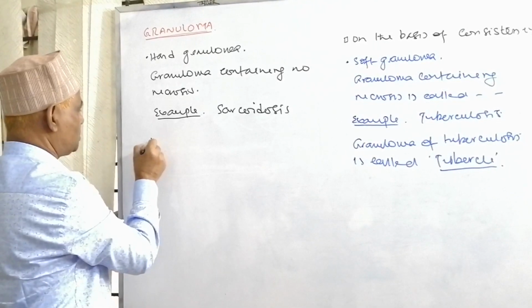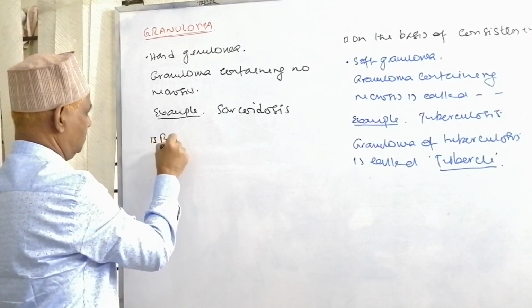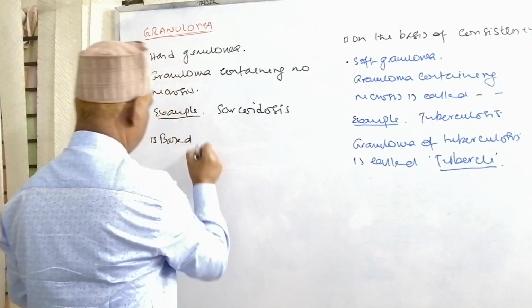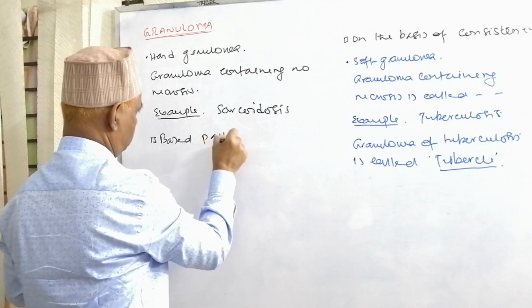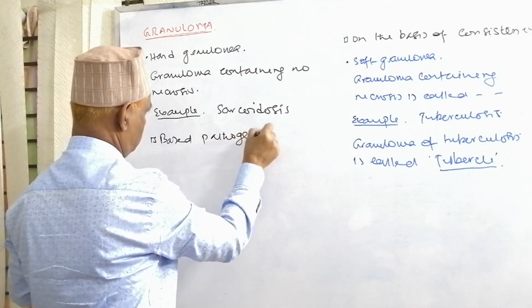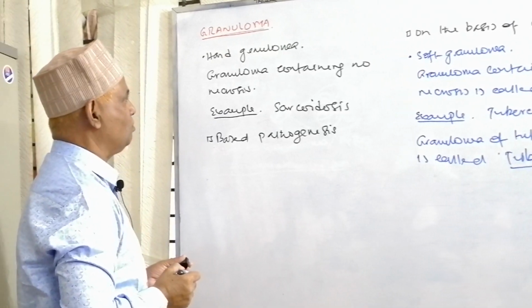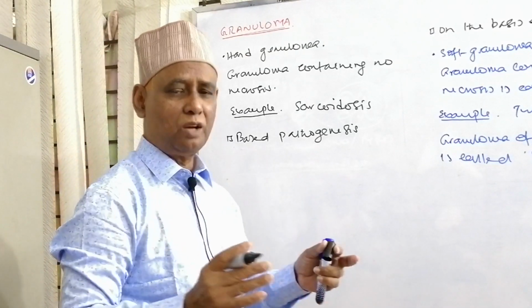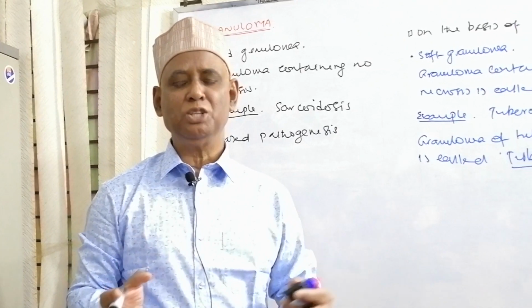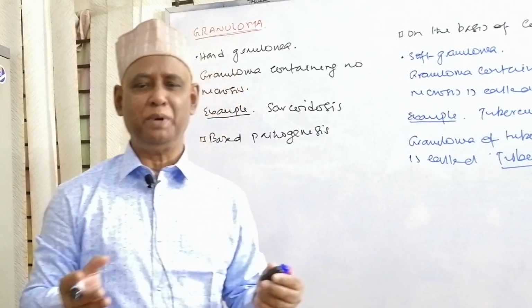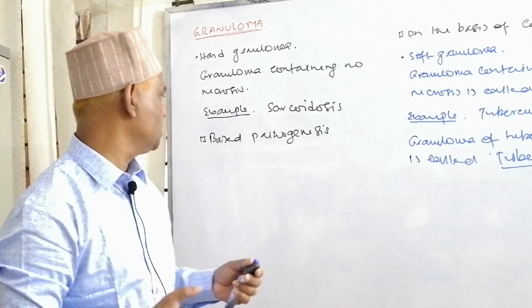Now come to based on pathogenesis. Whatever may be the type of granuloma, either soft granuloma or hard granuloma, how a granuloma is formed, what is the mechanism of formation of granuloma, this is called pathogenesis of granuloma formation.